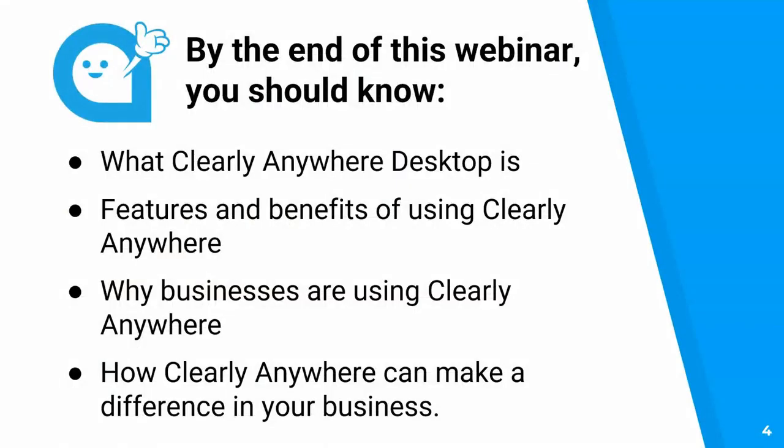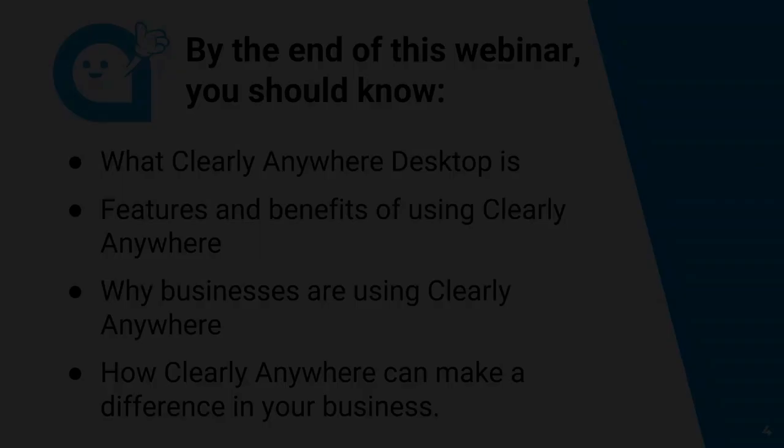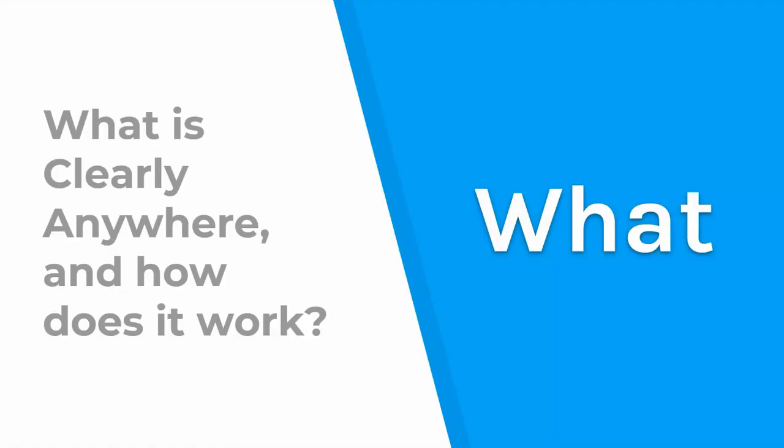So by the end of this webinar, you should know what Clearly Anywhere Desktop is, the features and benefits of using Clearly Anywhere for desktop and mobile, of course, why businesses are using Clearly Anywhere and who is really utilizing softphones, and how Clearly Anywhere can make a difference in your business, really any business of any size or sector.